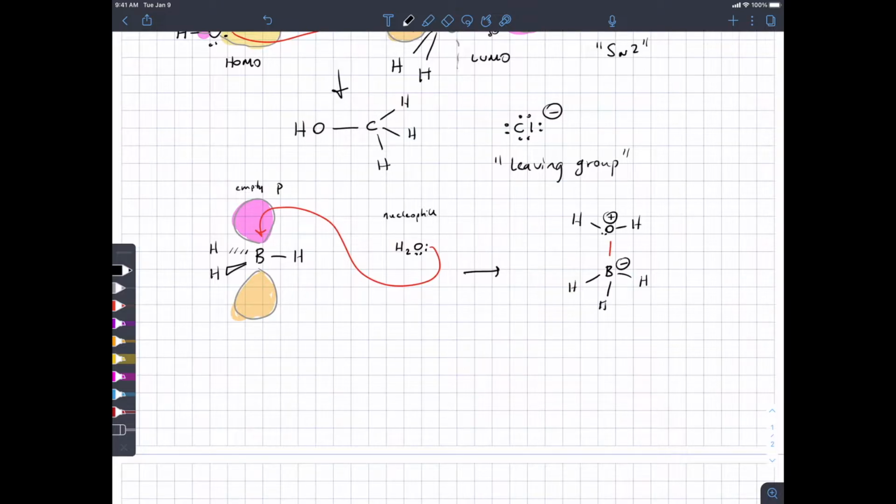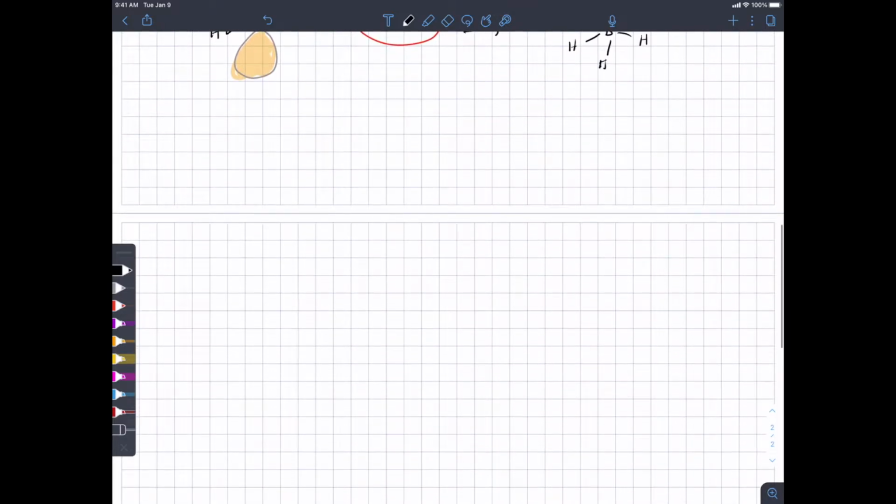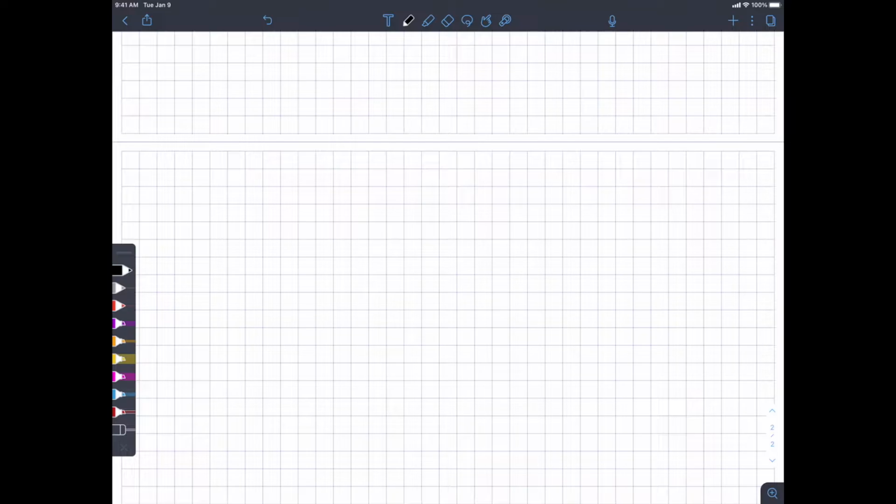We won't see that a lot with nitrogen and oxygen and fluorine. As you go down the periodic table, would we see something similar? Silicon and aluminum can behave very similar to boron and carbon, respectively.